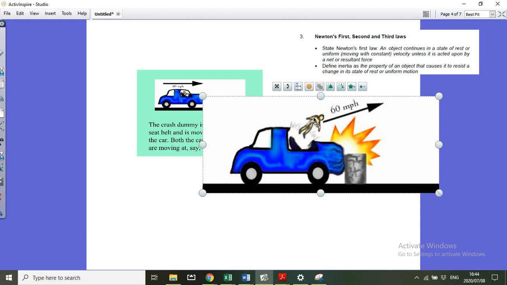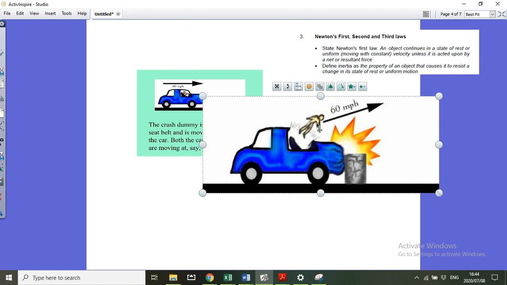And also be careful, if the question says use Newton's first law, it's the first law of motion. You need to talk about the velocity, not about the inertia, because inertia is a property of that dummy. So if you look at the second definition there, inertia is a property of an object.